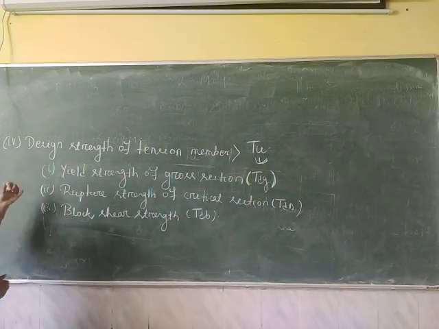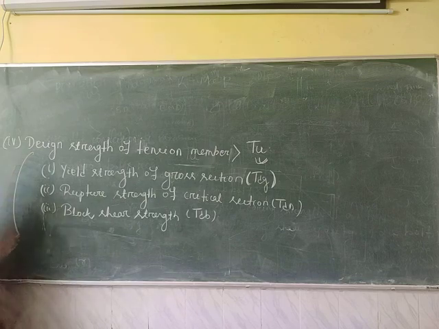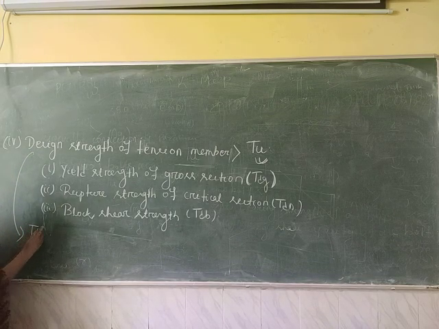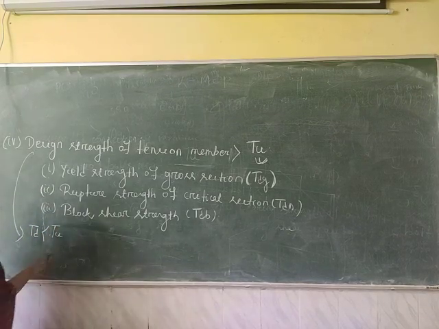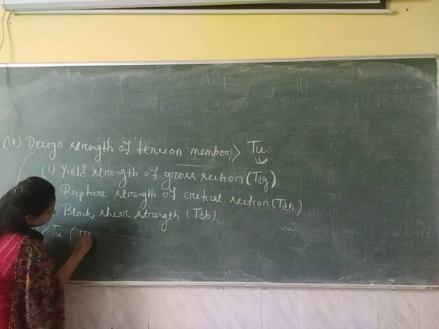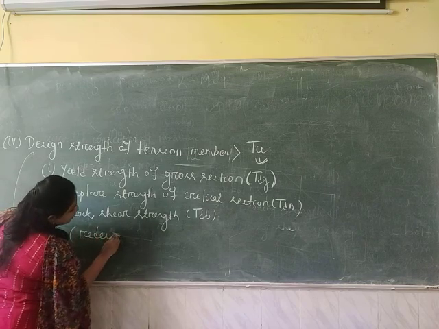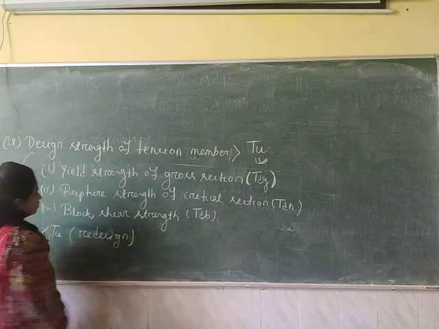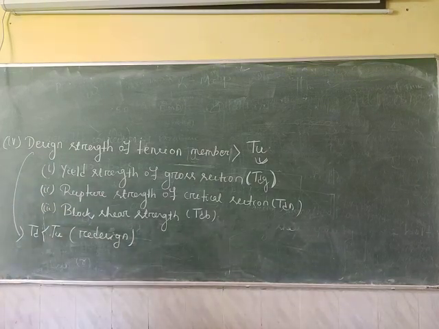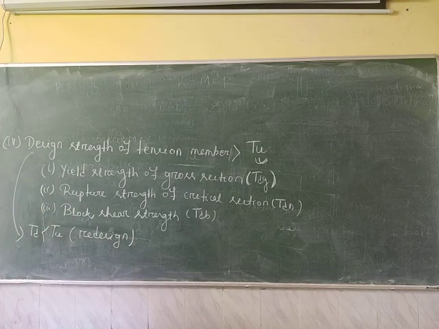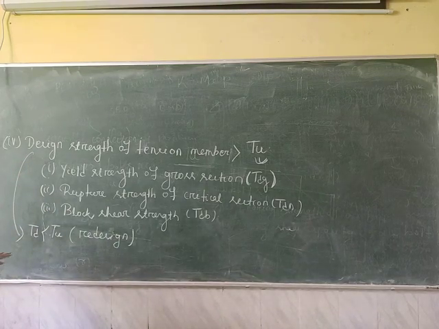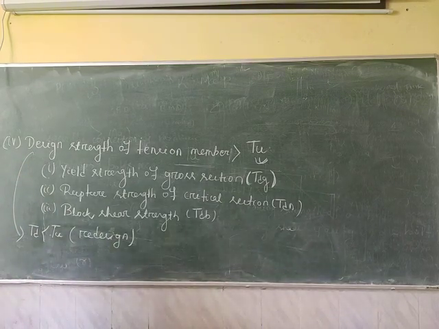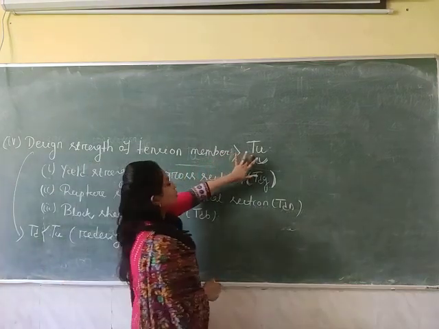If this design strength of the tension member is less than external applied tensile load, then we have to redesign. That means we have to choose another section from the steel table, and again we have to calculate the design strength of the tension member. Then we will check whether it is coming greater than this value or not.